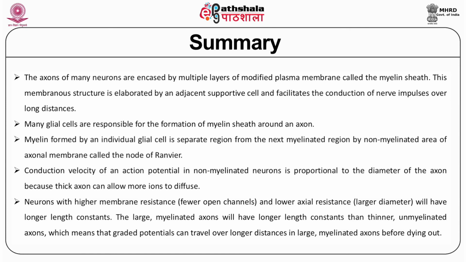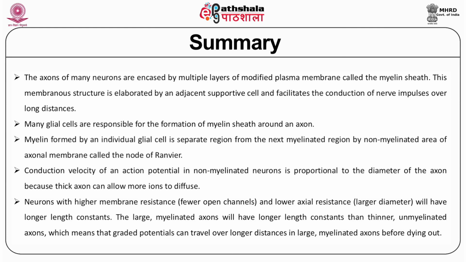Conduction velocity of an action potential in non-myelinated neurons is proportional to the diameter of the axon, because a thick axon can allow more ions to diffuse. Neurons with higher membrane resistance, because they contain few open channels, and lower axial resistance because of their large diameter, will have a longer length constant.